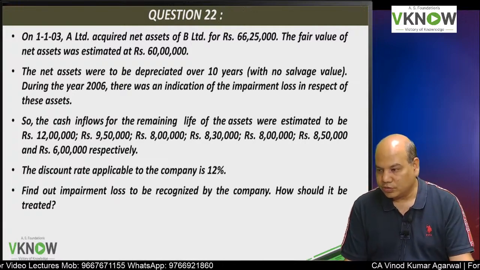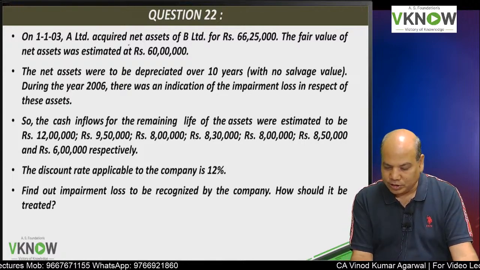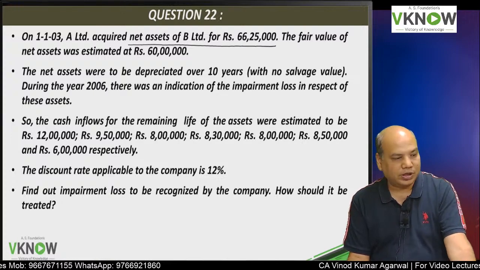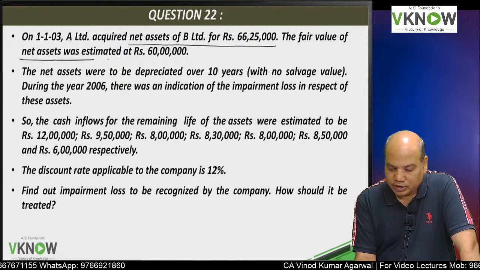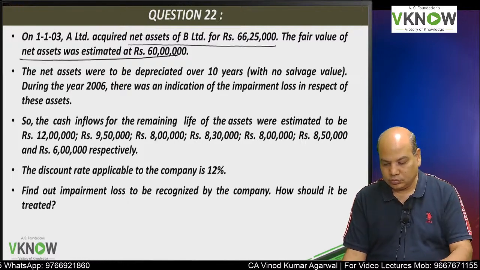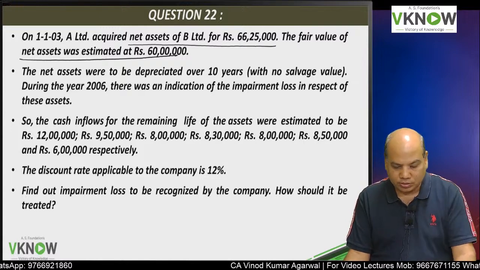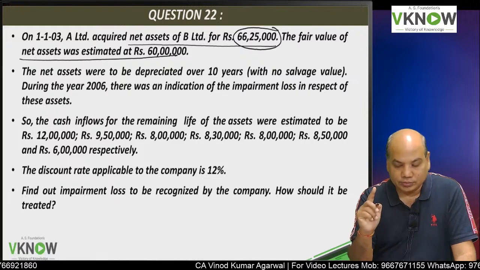On 1/1/2003, A Limited acquired net asset of B Limited for 66,25,000. The fair value of the net asset was estimated at rupees 60 lakh. So the total consideration paid is 66,25,000.